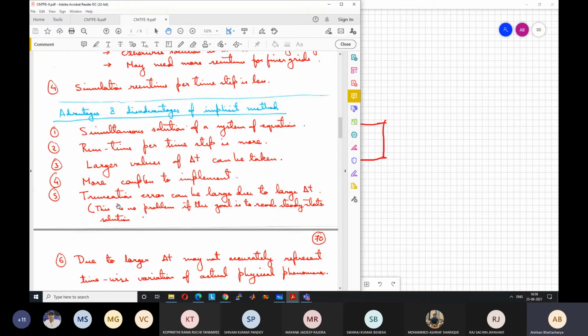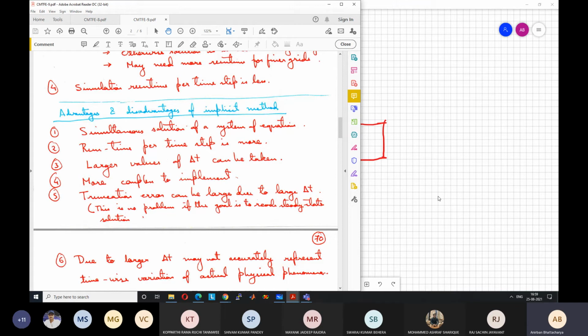Okay. So what will happen is that if you take large delta t, remember that the truncation error for the temporal step, the temporal term delta t, is first order in delta t. Okay, so for larger delta t, the error increases, but we are still going towards the correct solution.